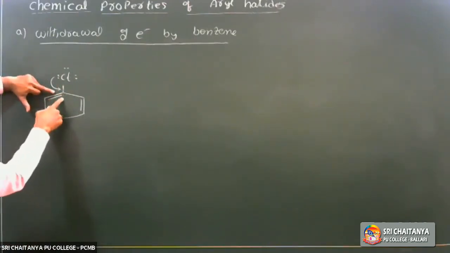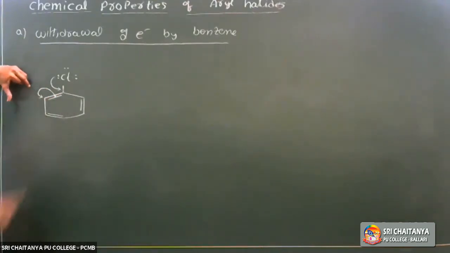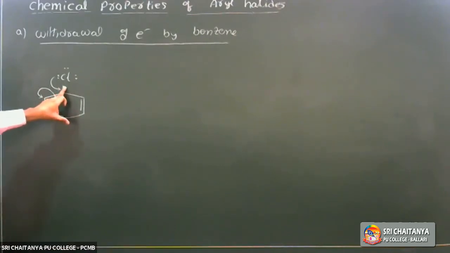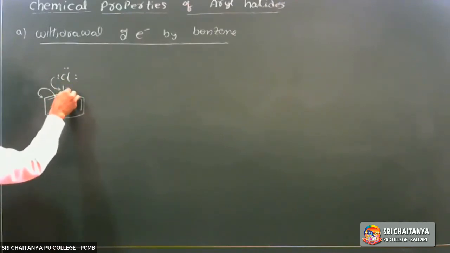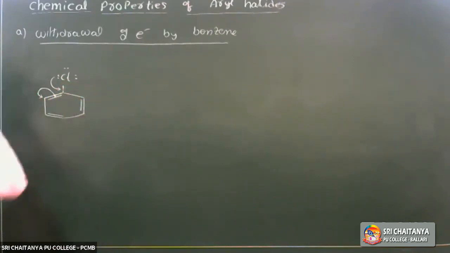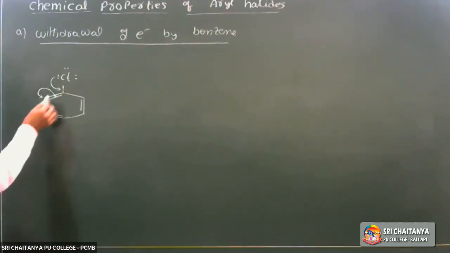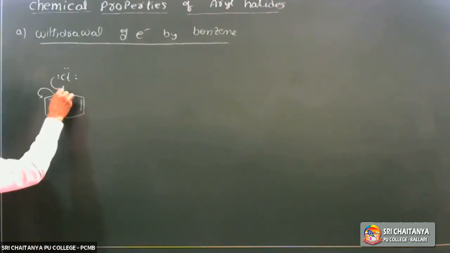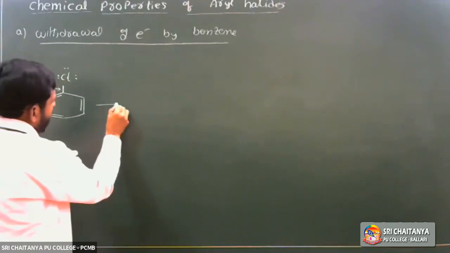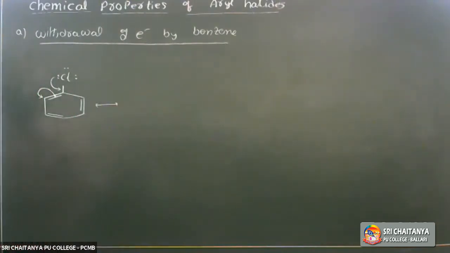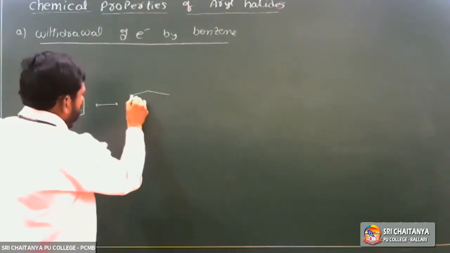Here electron density increases, hence these pi electrons are shifted to the adjacent carbon. The lone pair is converted to a bond pair, forming a double bond. Otherwise the carbon would have 5 bonds, which is not possible for tetravalent carbon. Hence the pi electrons are shifted, and these are considered as resonance forms of the benzene ring.